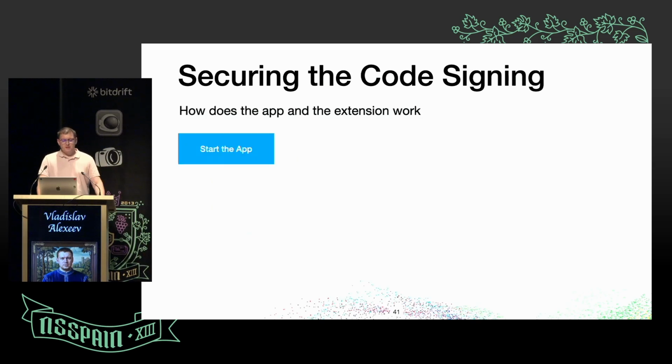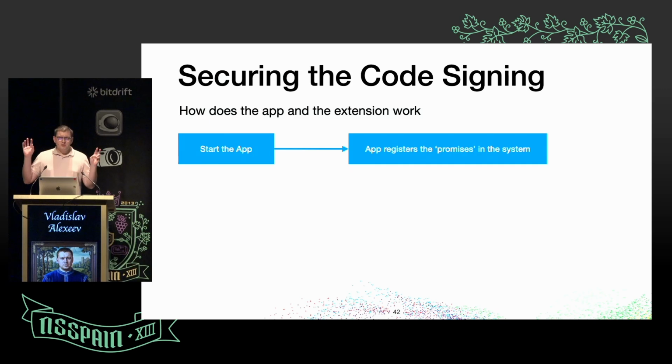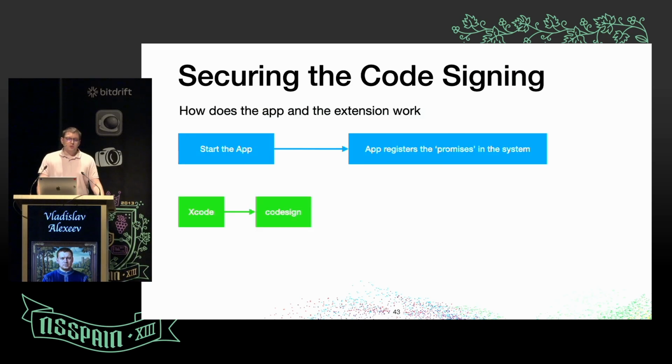The flow is that when you start the macOS application, it will register a smart card with the promises that it has access to such and such certificates. And then when Xcode wants to sign something, code sign tool won't find this private key in the keychain.